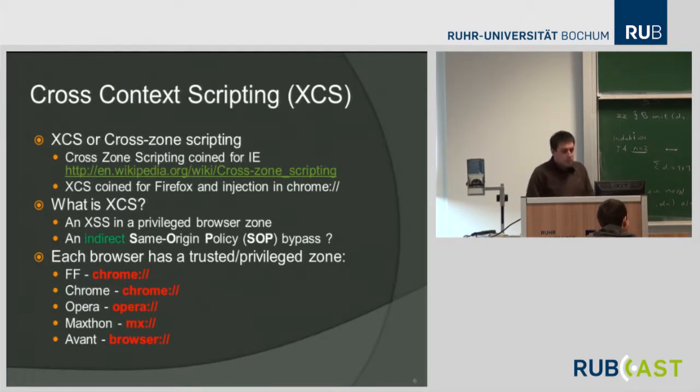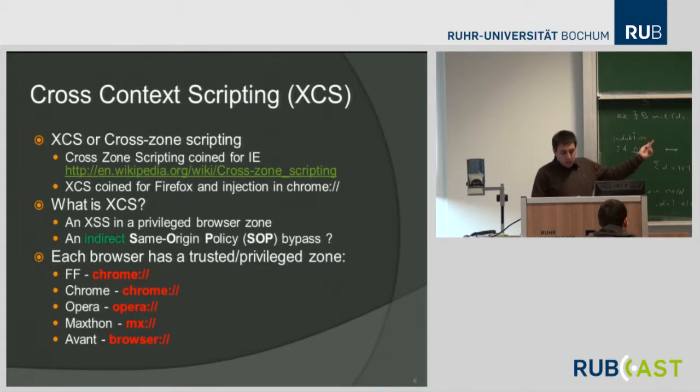And here comes cross-content scripting. What it is, basically, is an injection from an untrusted page, so an internet page on the web from the HTTP protocol, into a trusted zone in the browser. And when I say trusted zone, it's something you might be familiar with.